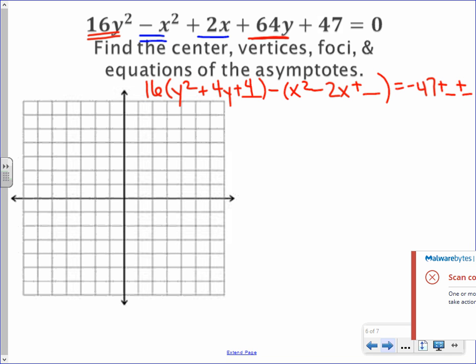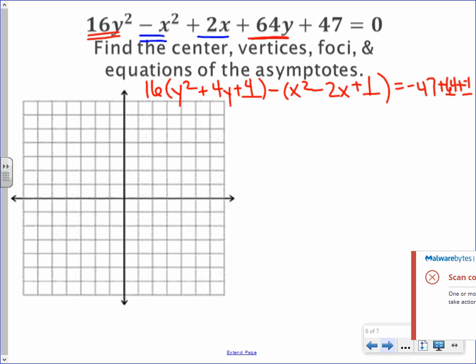All right, what completes the square here? 4, but it's 4 times 16, so we have to add 64 to the other side. What completes the square here? 1. Another time where it's so easy to overlook something. 1 times -1. You need to add -1 to the other side.